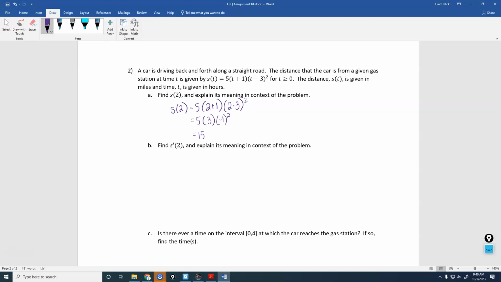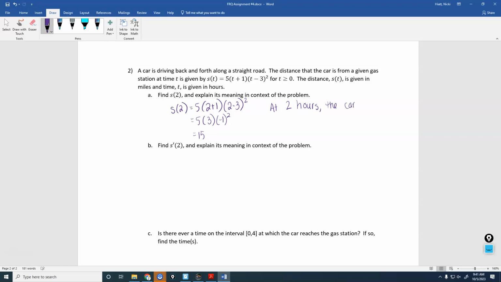So for this t equals 2, what does that mean in the context of the car and gas station scenario? Okay, so at 2 hours, what does S of 2 equal 15 tell us? 15 miles.